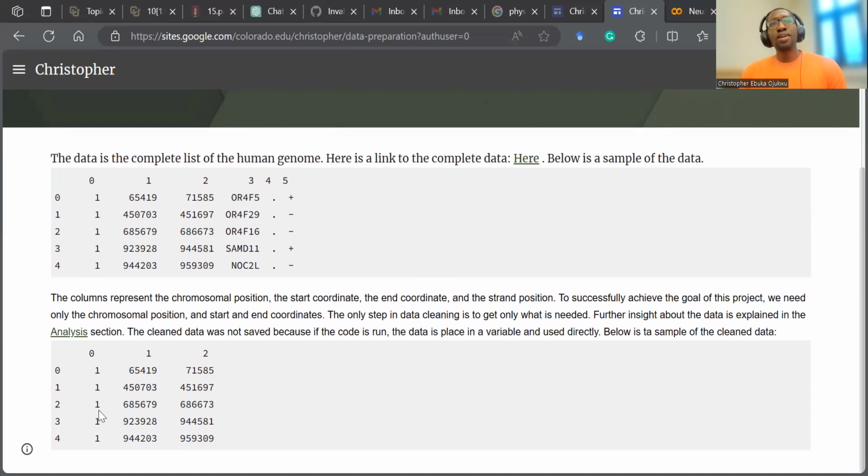But I do think that as time goes on, this project is still ongoing, I'm going to have the gene name in there, because when an intersection occurs, I want it to pull out the gene name directly instead of me doing that manually. So this is the original sample of what the data looks like, and then this is a sample of what I need for the project.